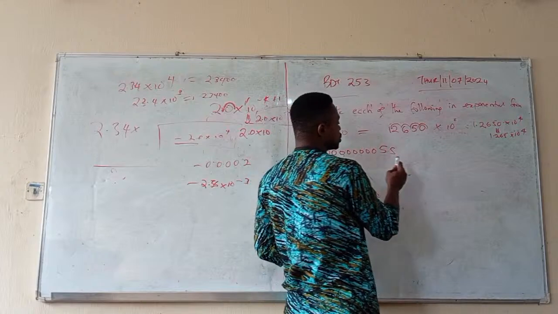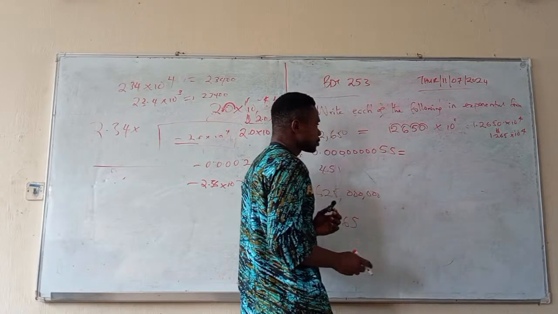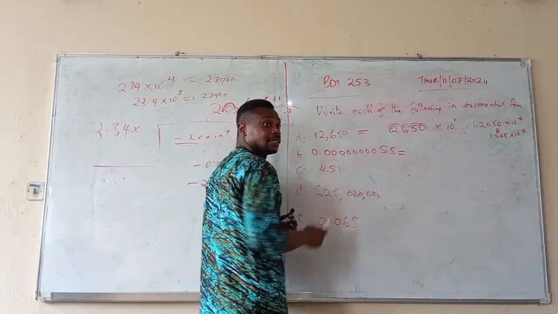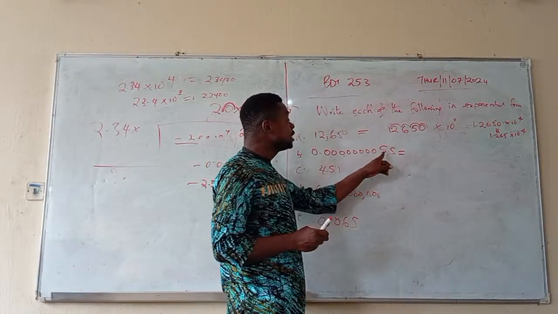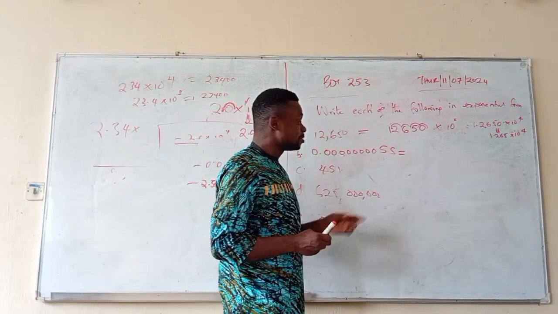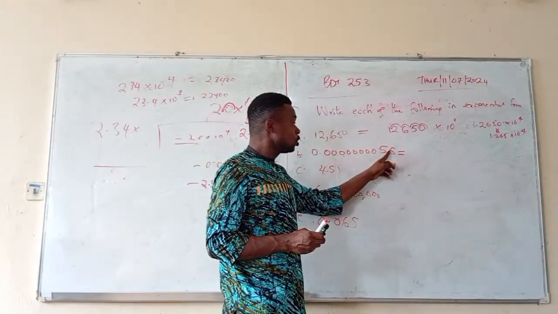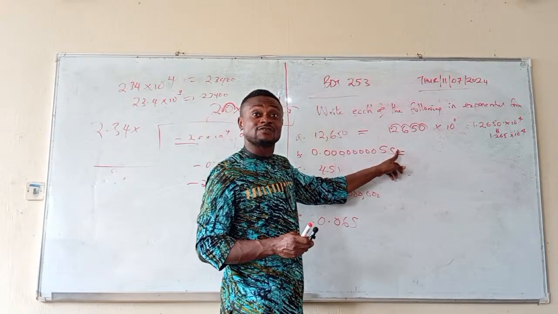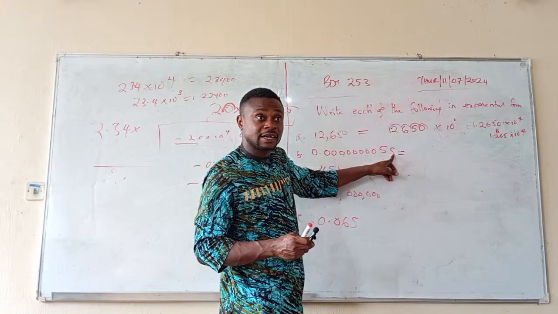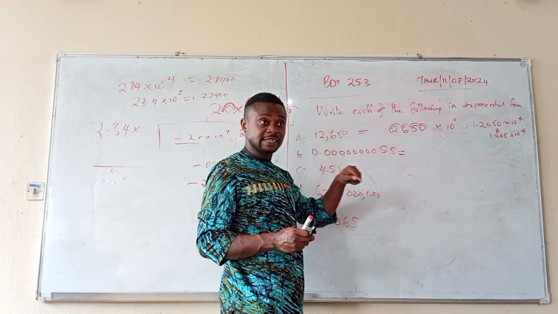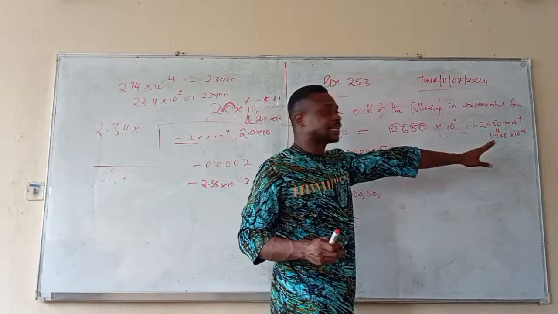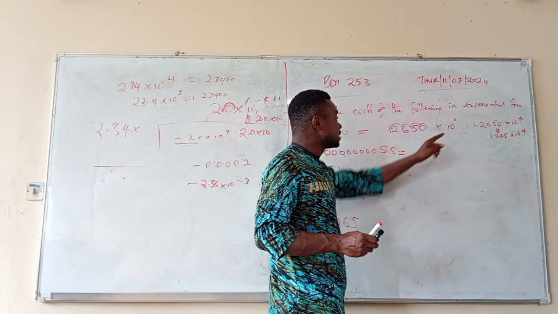Now here, let's work on this one. There's this point here, right? We'll keep moving the decimal point until we get to the first digit. And stop. You don't stop here, it becomes 55. But it becomes 5.5. Are we together? So let's check the number of decimal movements.